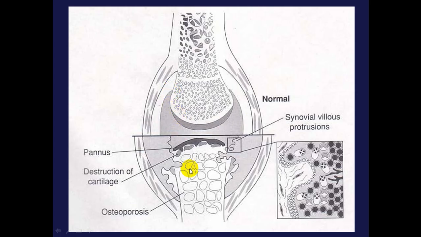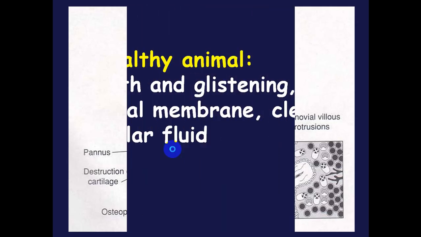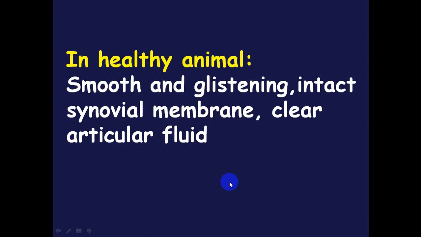However, in arthritis, there is some destruction in the pannus, leaving spaces like this one here. In healthy animals, the joints will be smooth and glistening, with intact synovial membranes and some clear articular fluid.